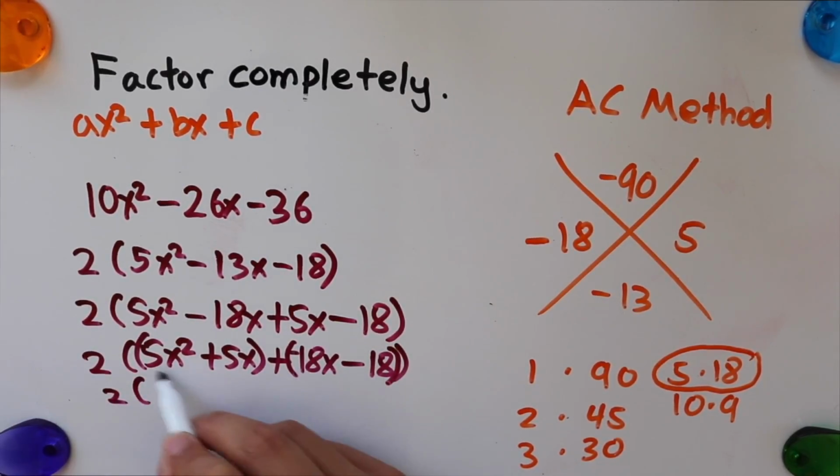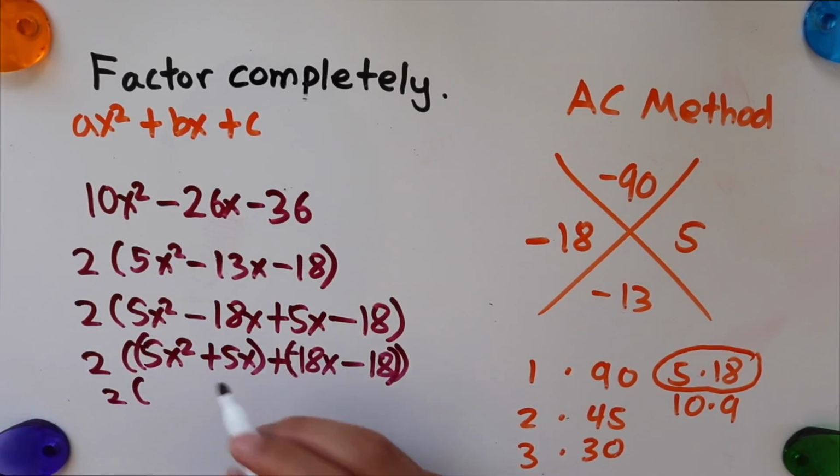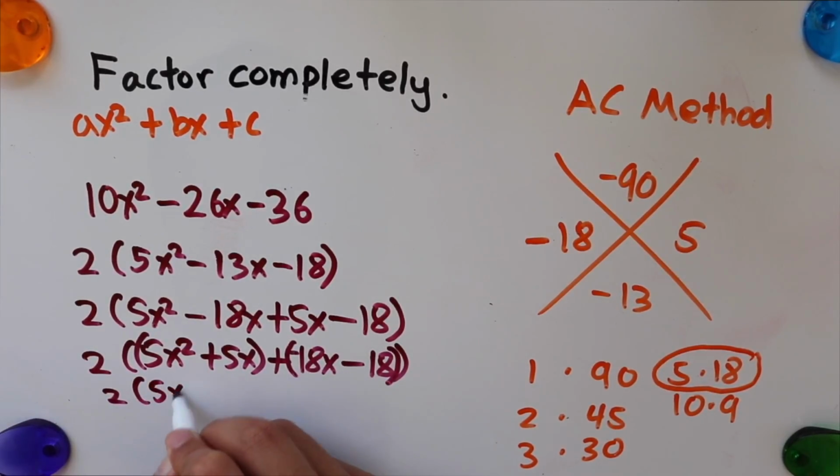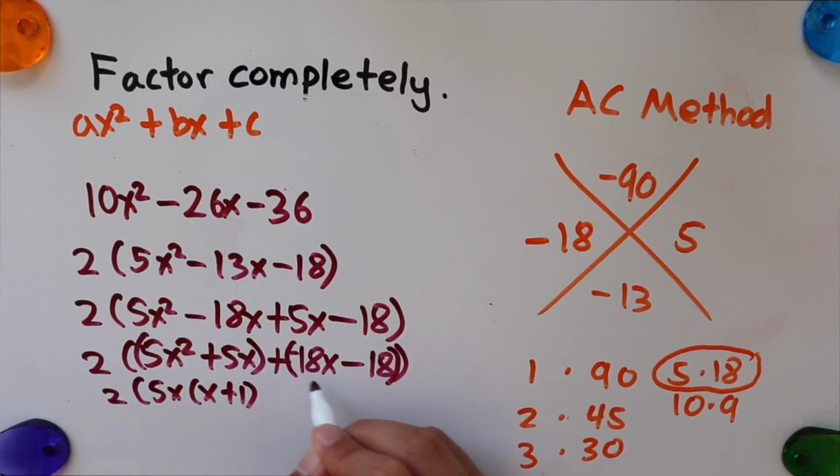From this first grouping, we can factor out a 5x, and so we have x plus 1 left. From this second group, we're going to factor out a negative 18, because I'm trying to get this term to be a positive x.